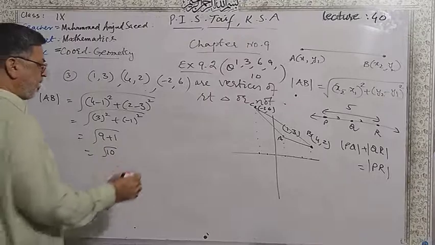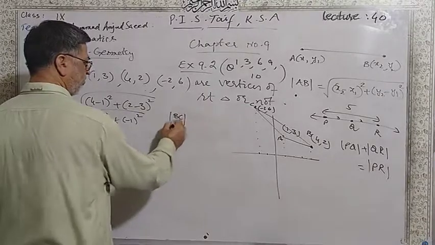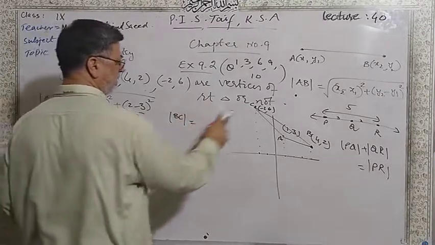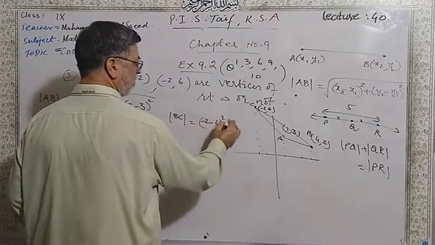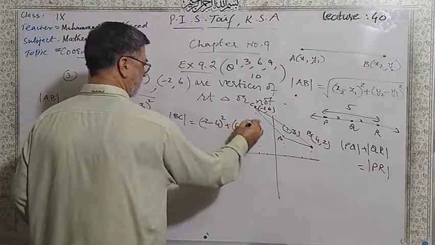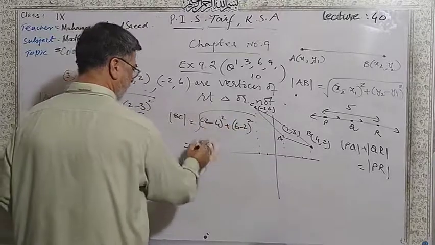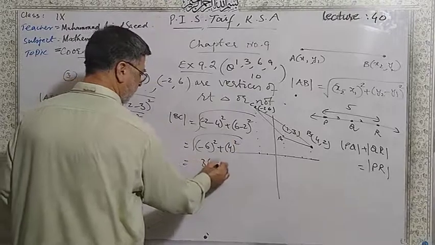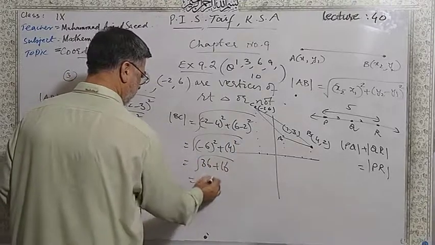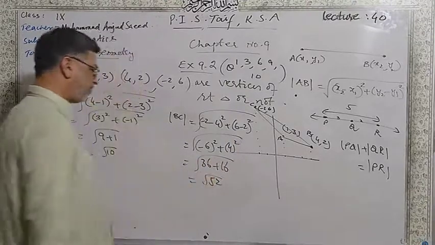And |BC|: C minus B. First minus first whole square plus second minus second whole square, whole under root. Minus 6 square and 4 square. This will be 36 and 16. This will be 52 under root.